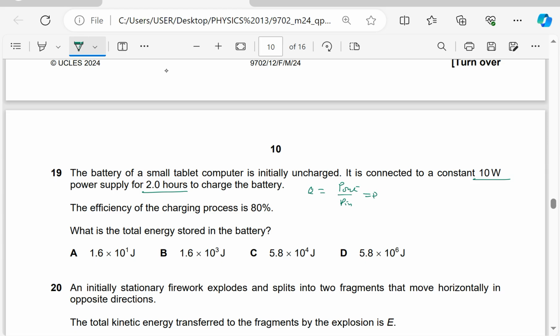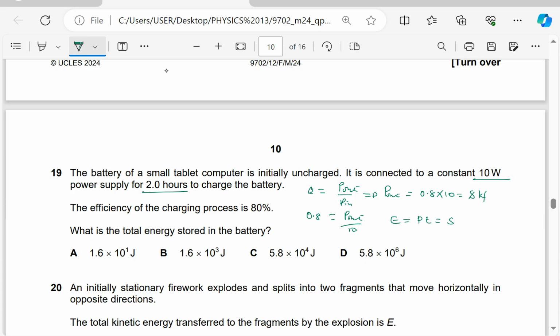So let's first find the power output, which is going to be the efficiency. This is 0.8 equals power output divided by 10. So this is going to be 0.8 times 10, which is 8 watts. So that is the power output. And we also know that energy output is going to be power times time.